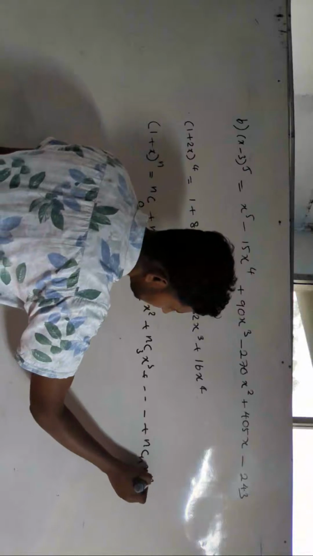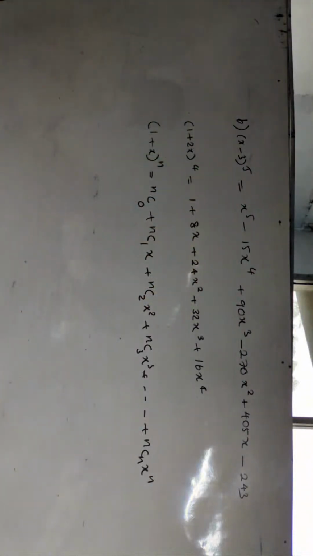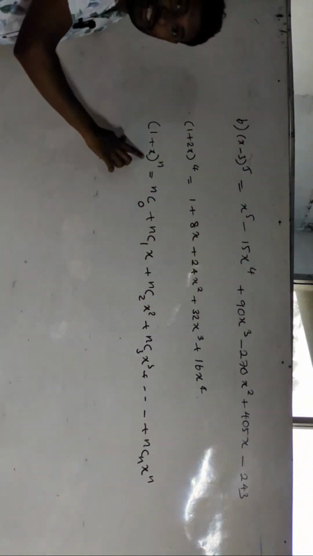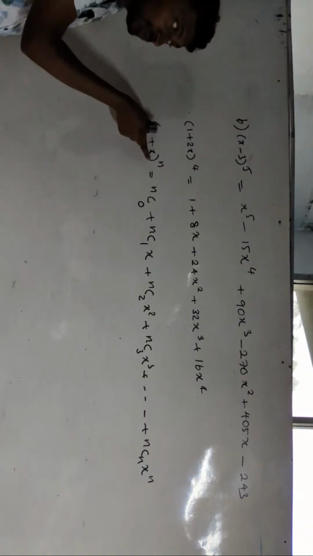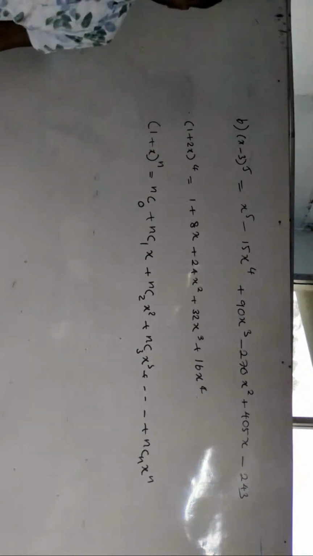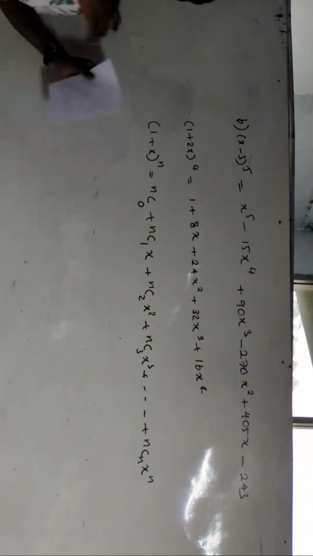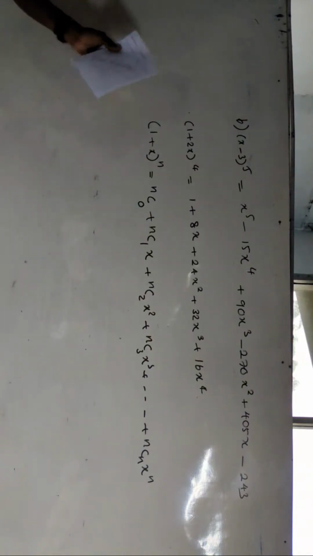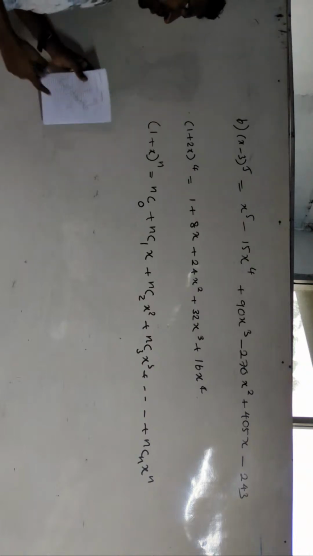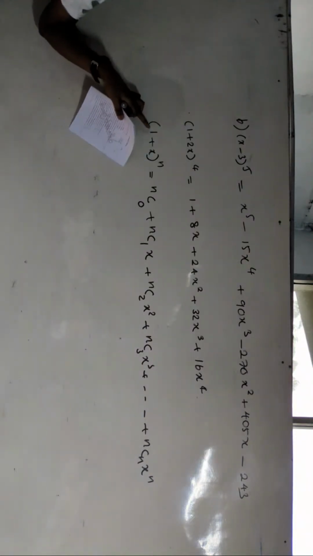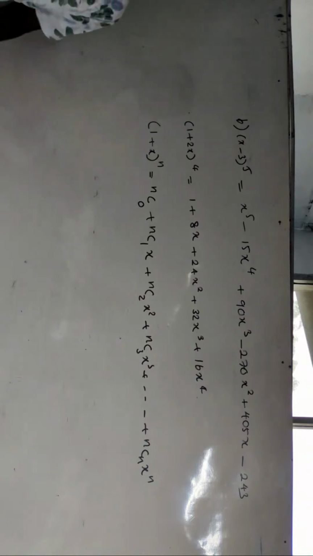Up to nCn x to the power of n. So if we can write an expression in this form, binomial expansion becomes easy. That is not a compulsory thing, you can use this pattern if you want. If there's 1 in the beginning, expansion becomes easy.